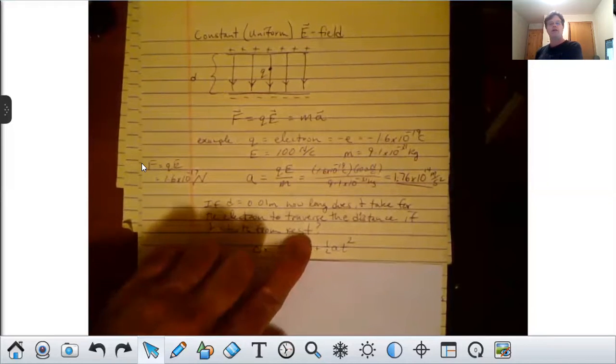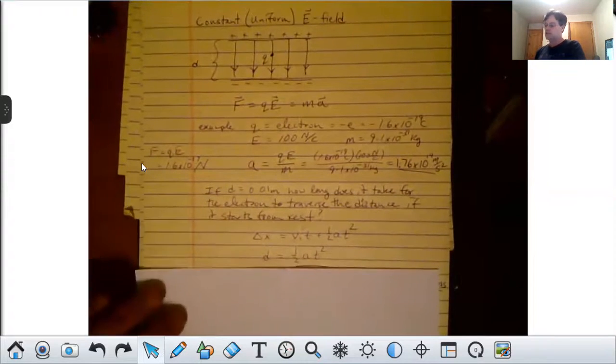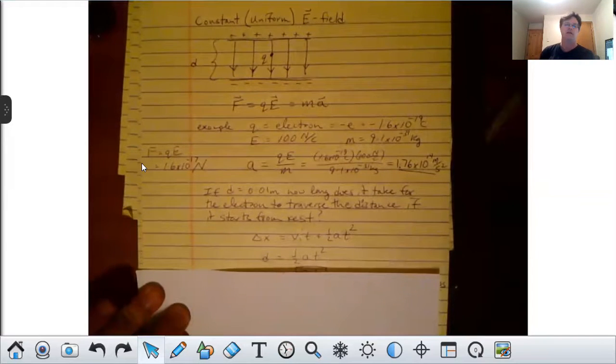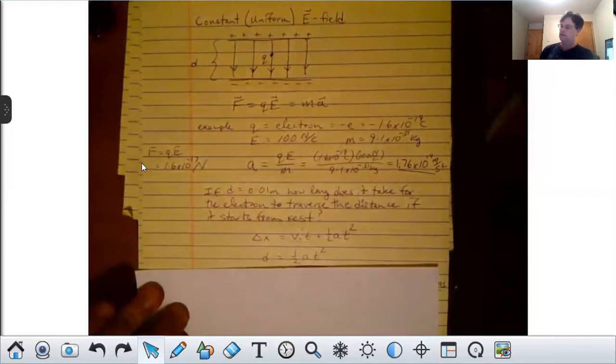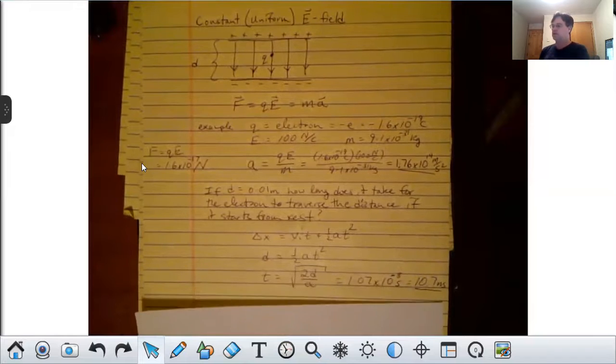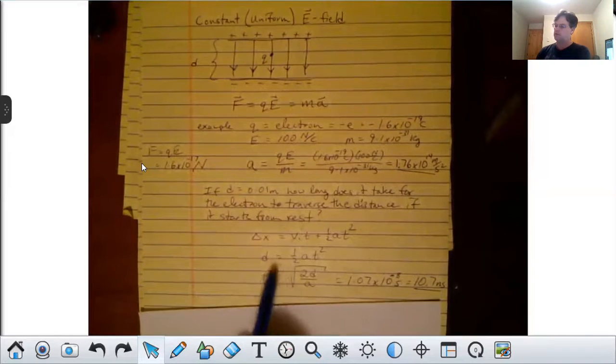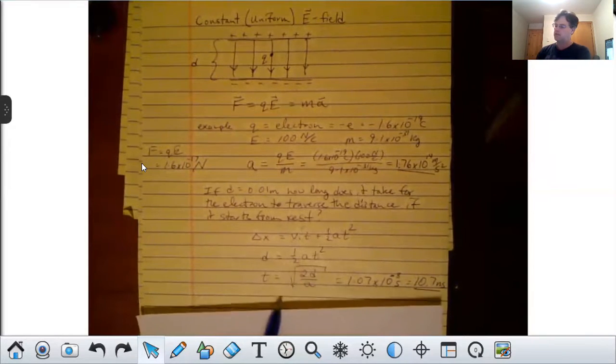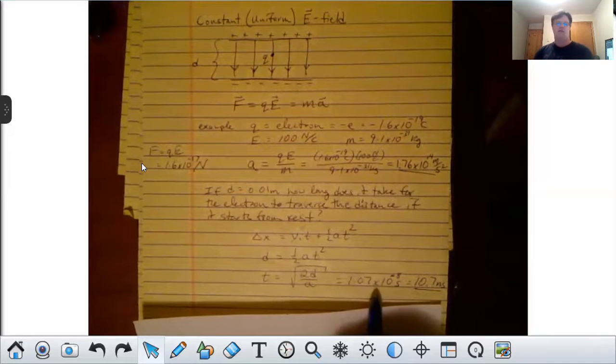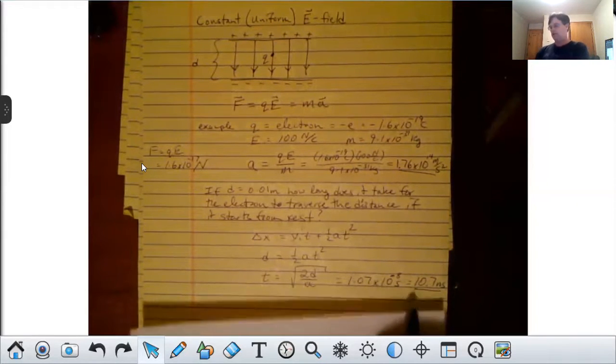So from my kinematic equations, the distance d has to equal 1/2 a t squared. Solve for t first: t is equal to the square root of 2d over a. If I plug in the numbers, I get a reasonably small time, 1.07 times 10 to the negative 8 seconds, which is about 10.7 nanoseconds.